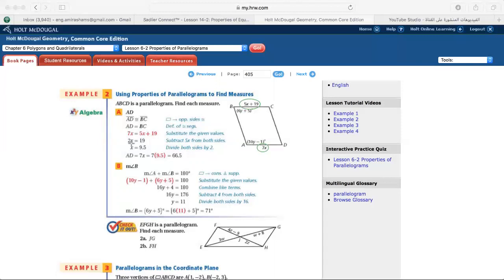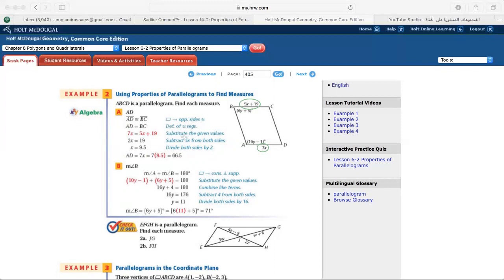So I will get 2x on the left side equal to 19. I will divide both sides by 2. So x is equal to 9.5. If I want to get AD, I am going to substitute the value of x, which is 9.5. So 7 multiplied by 9.5 is 66.5.